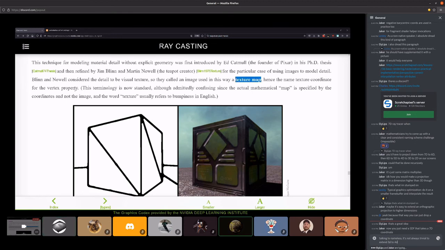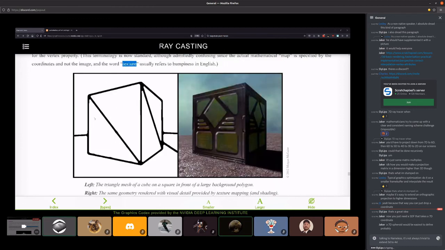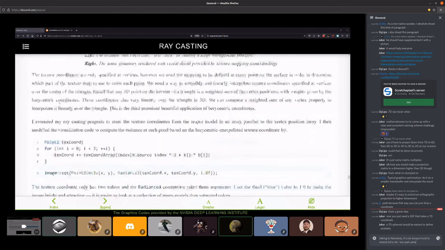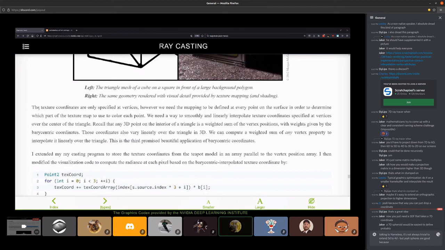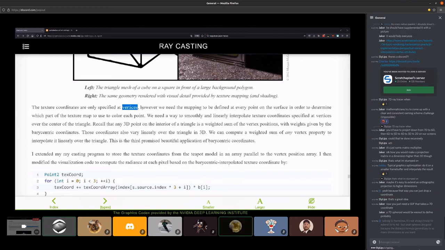Texture map. The cool thing about barycentrics is that we can take the texture coordinates, which are defined at the vertices, and determine where those vertices would be in texture space, then use our barycentric coordinates to interpolate inside the texture space to determine where the color information should come from within the texture.